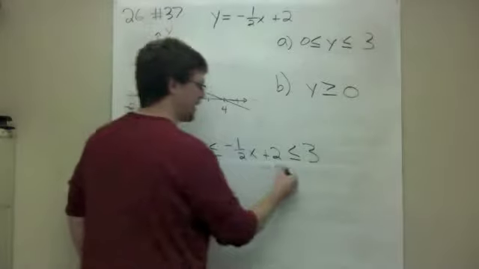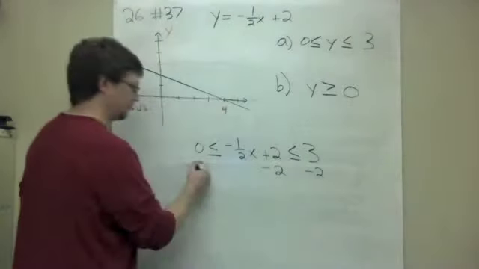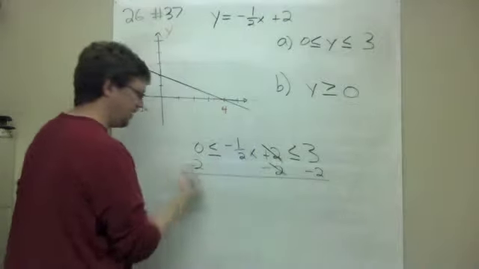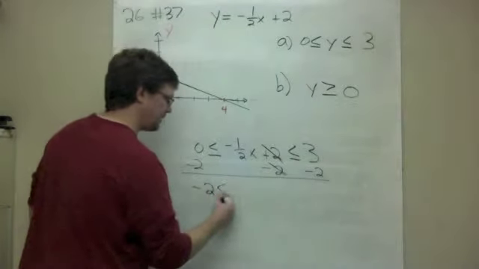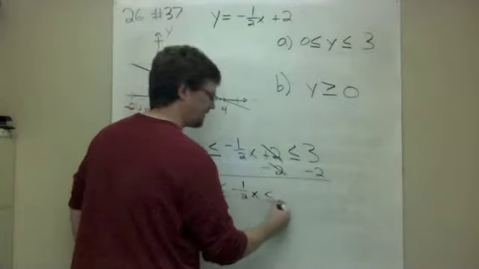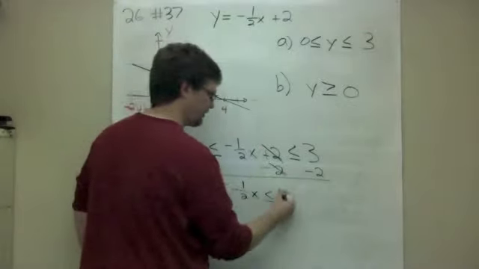So I need to subtract 2 from everything. Here it'll cancel. Here it will become -2 is less than or equal to -1/2 x is less than or equal to 3 minus 2 is 1.